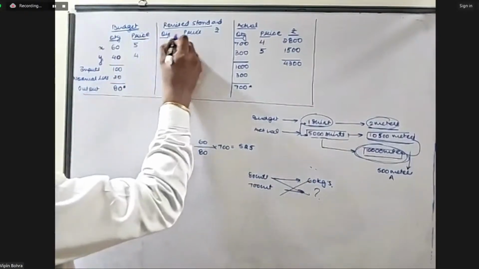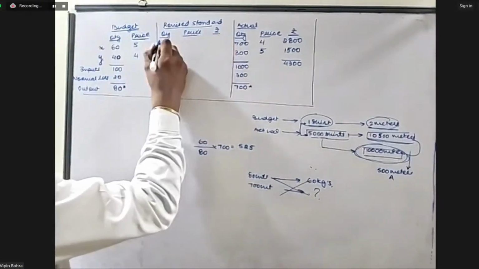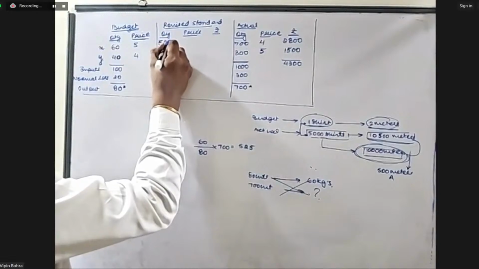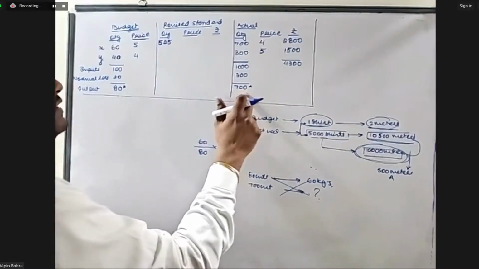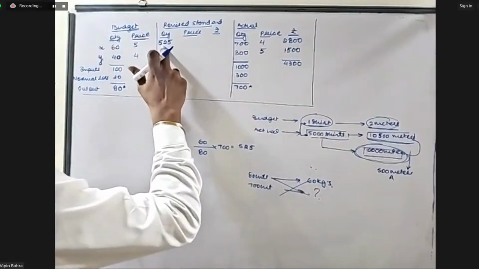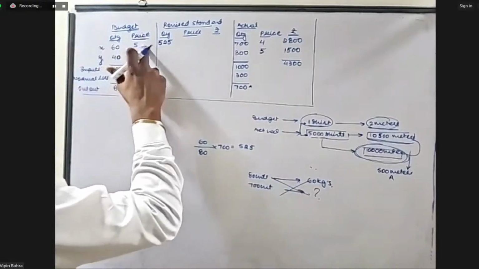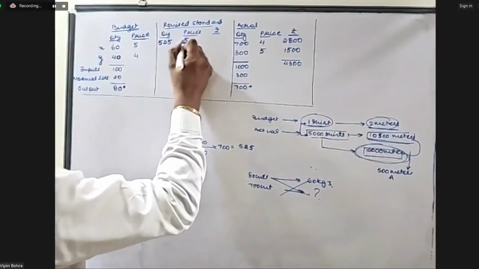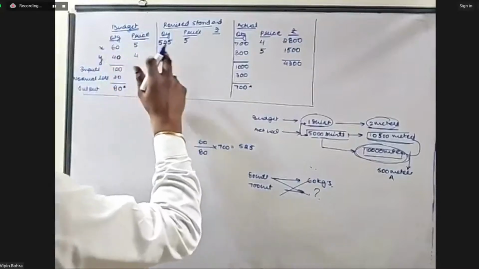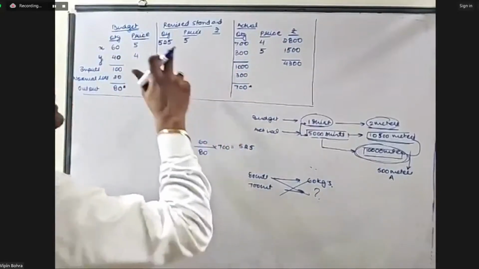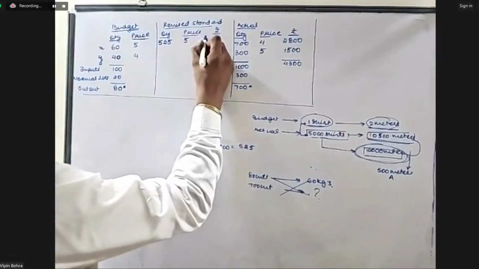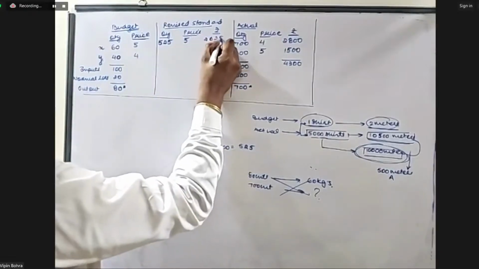So this is how I got 525. So in short, to manufacture these 700 units, we should have consumed 525 kgs of X at the rate of 5. So my total cost that was supposed to be incurred for the X raw material to manufacture these 700 units should be 2625.